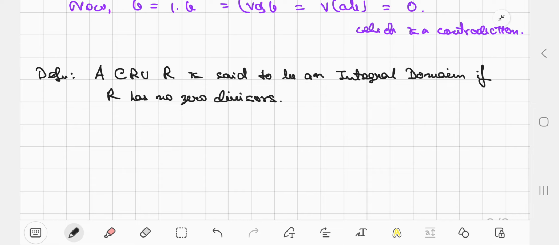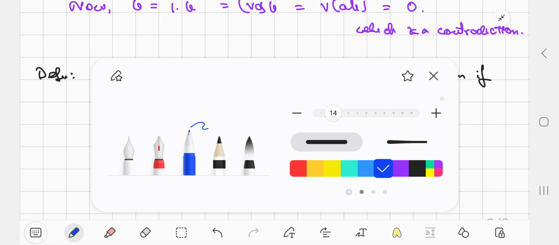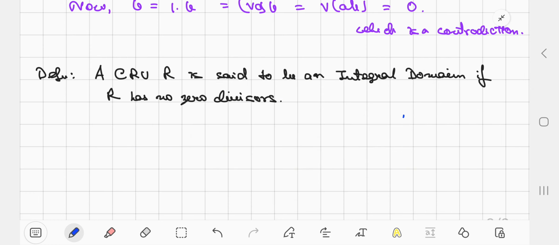Clear? What I'm trying to say is, if I have AB equals 0, and either A is 0 or B is 0, then this equation is trivial, right? If both A and B are non-zero, then this equation is a non-trivial statement, and in that case we have the elegance of a zero divisor.